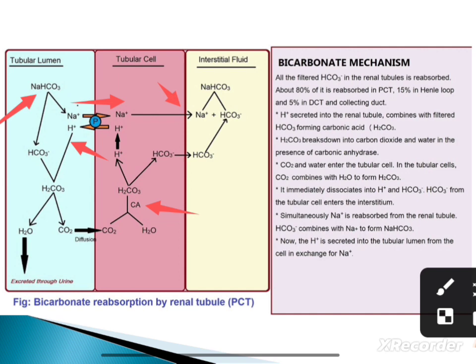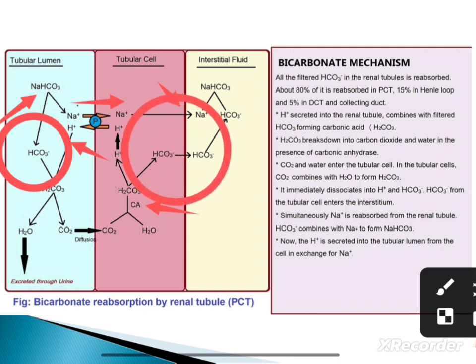So from the whole scenario, what do we get? Actually, if we follow the scenario, we will find that in the renal tubule, one bicarbonate came, and by several mechanisms, this bicarbonate goes back to the blood.